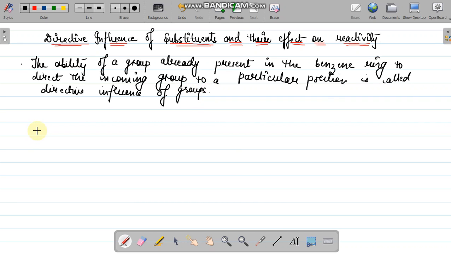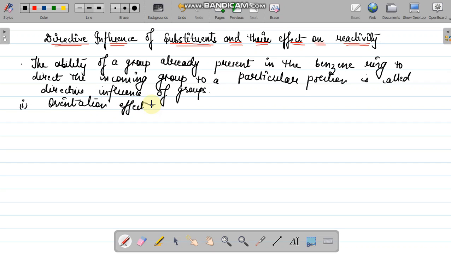Now a group which is already present on the ring is going to have two effects. The number one effect is the orientation effect.